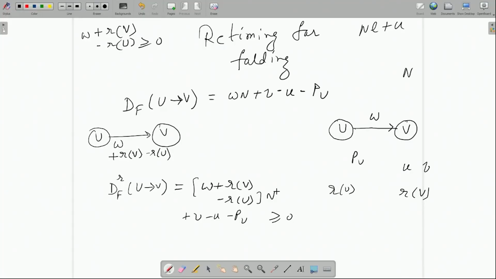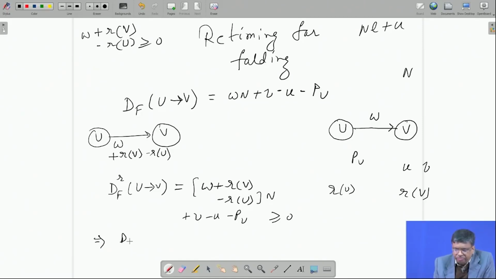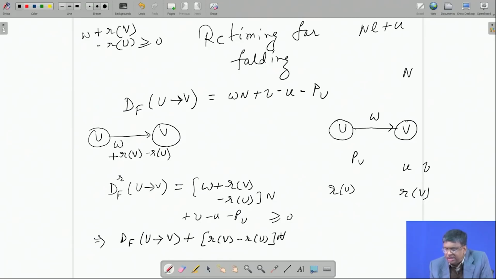Because if you simplify it, you take W times n plus v minus u minus P u, which is the same as the original DF(u to v), plus the remaining portion, R v minus R u times n, and this should be greater than or equal to 0.